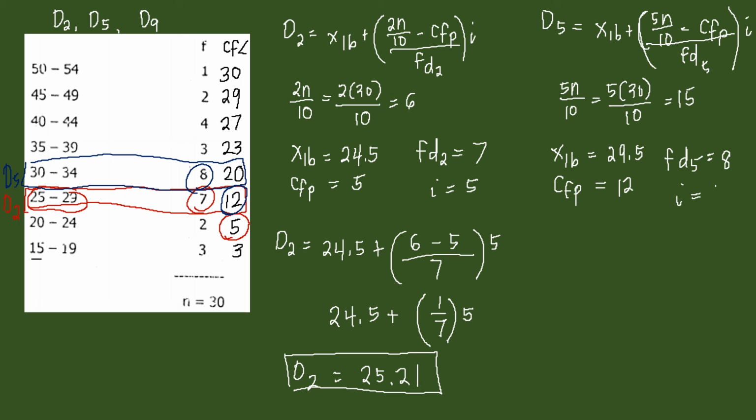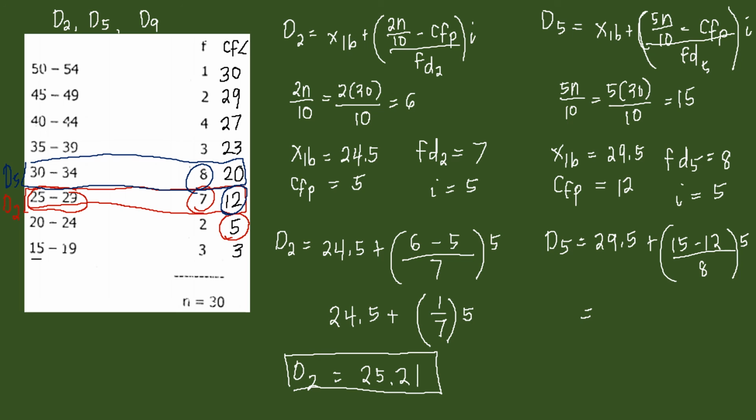And I is still equal to 5. So substituting, we have D5 is equal to 29.5 plus 15 minus 12 divided by 8 times 5.